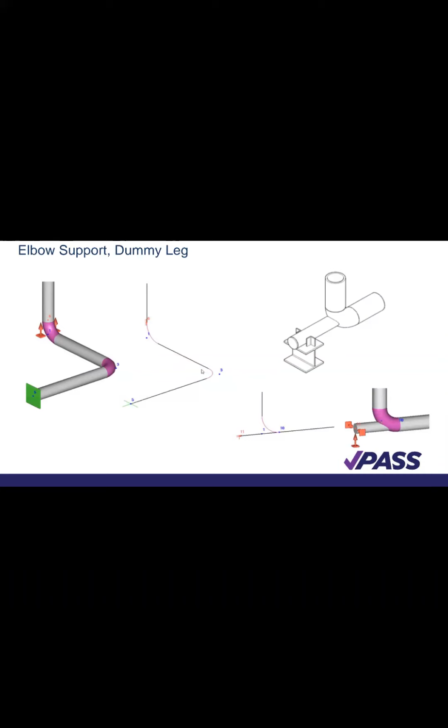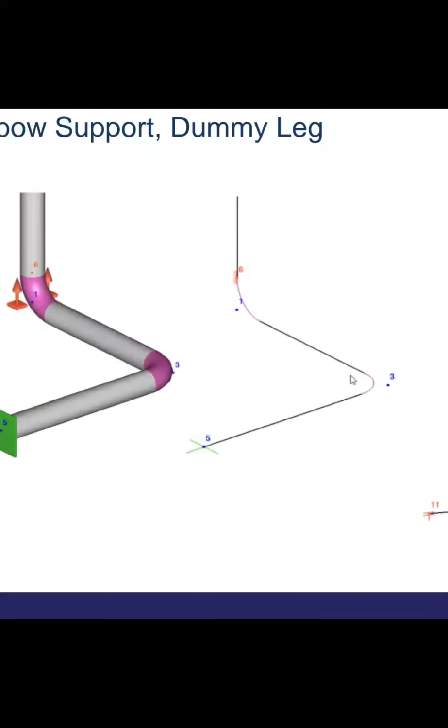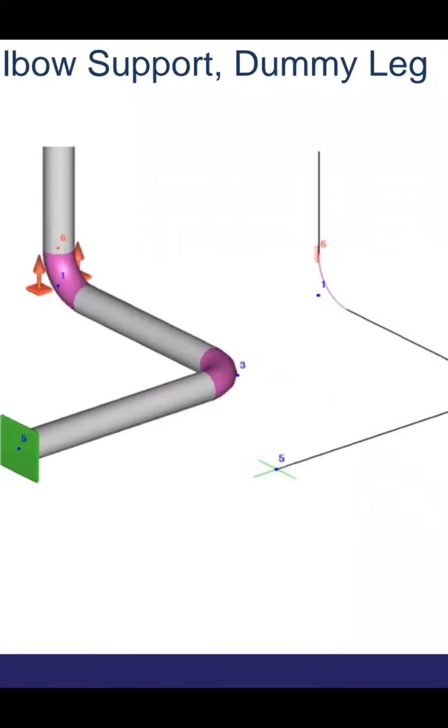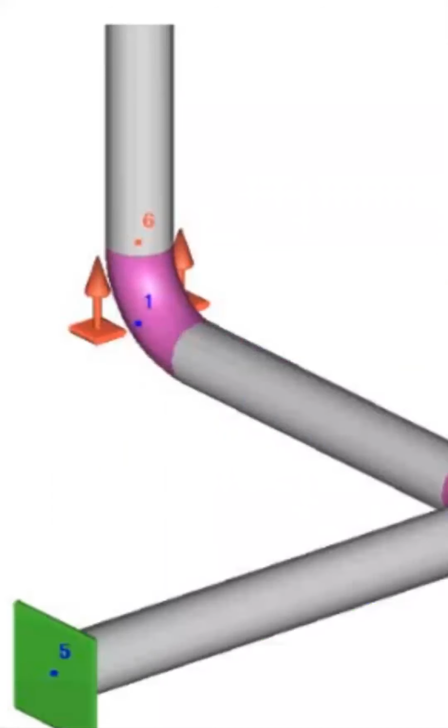Now your elbow support, the dummy leg. The elbow support is the support that is affixed to your model when it has a bend. To avoid leakage of fluid or materials, we need an elbow support.